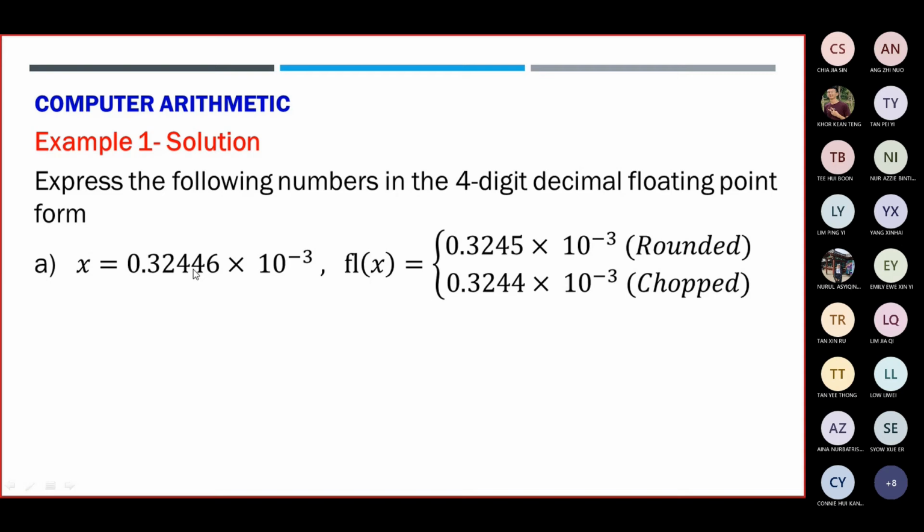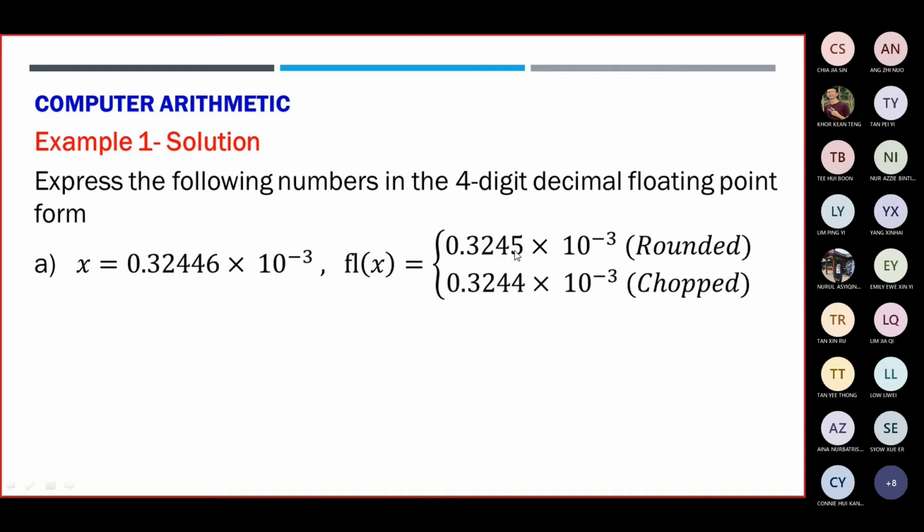Since this is rounding, we look for the nearest, so look at the digit after the fourth place, the fifth place. It is a 6, which is more than 4, meaning 5 and above, so we round the 4 up to 5.